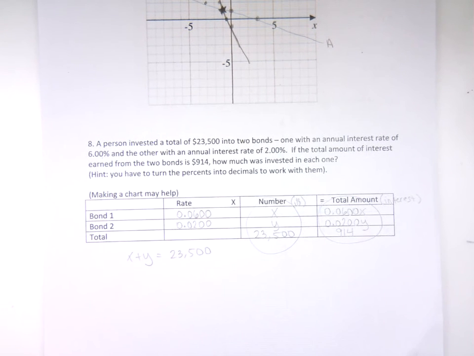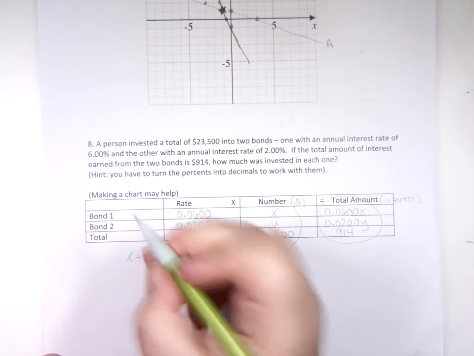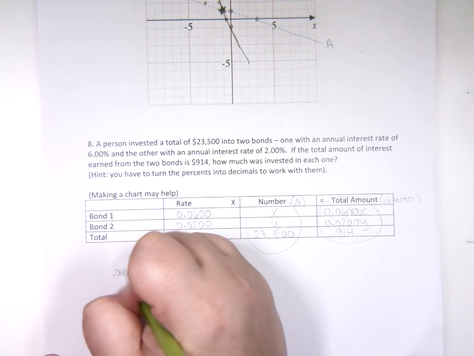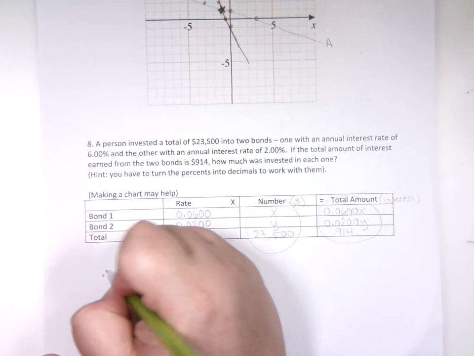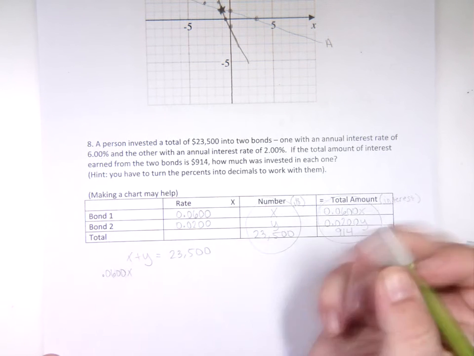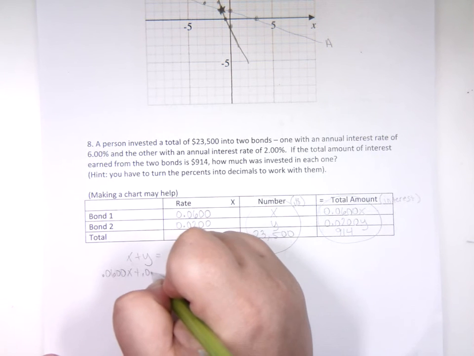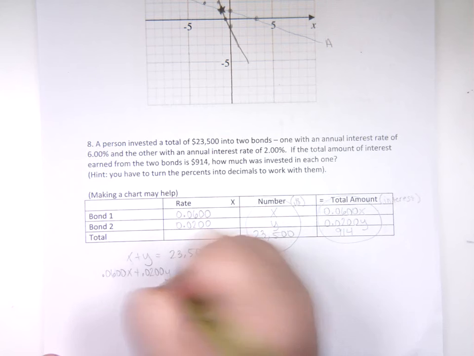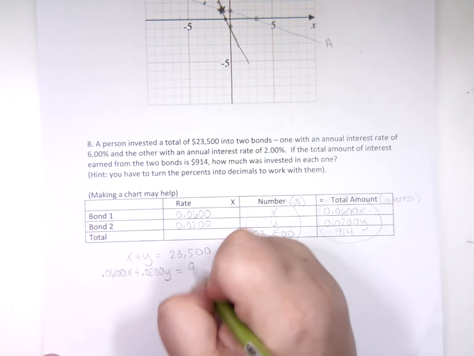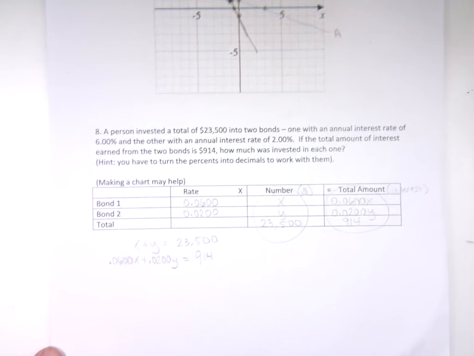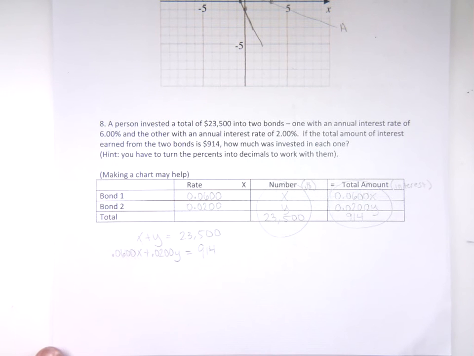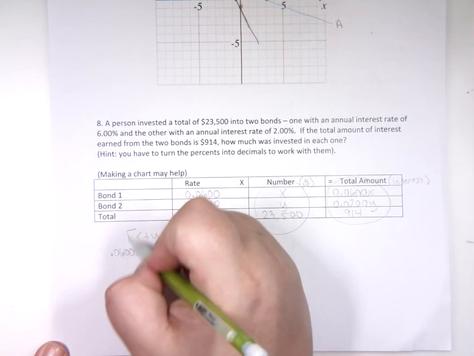And we know that 6% of X plus 2% of Y is equal to 914. And you can solve this any way you want. Again, I'm going to use my favorite method of elimination.